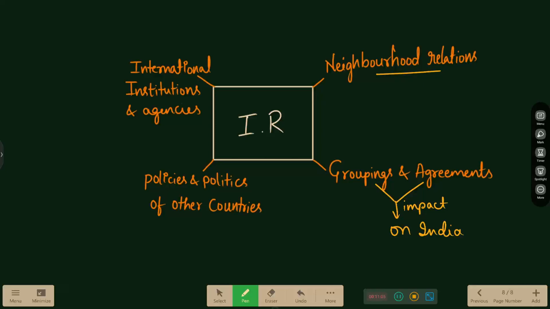Then what are the effects of policies and politics of other countries on India and its diaspora? You need to study this. Then you need to study important international institutions and agencies, their structure and mandate.